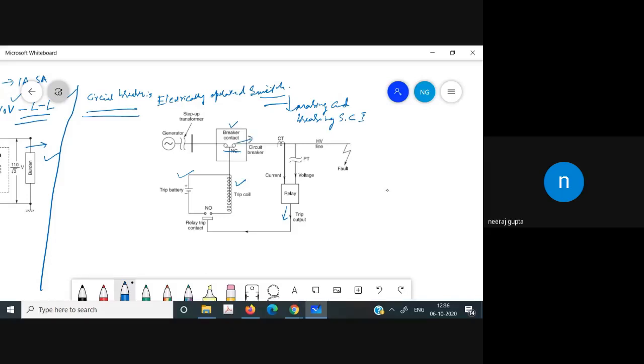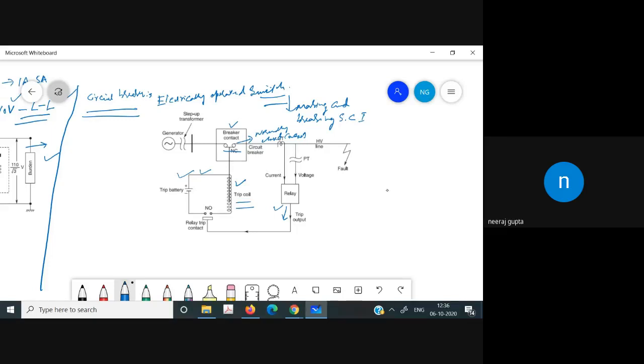So it has the normally closed contacts. The output is given by the relay. Now you can say that this is actually the trip coil of the circuit breaker.